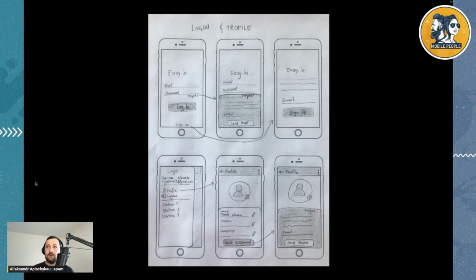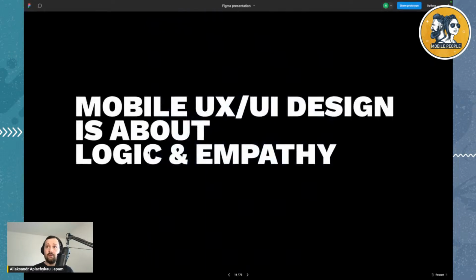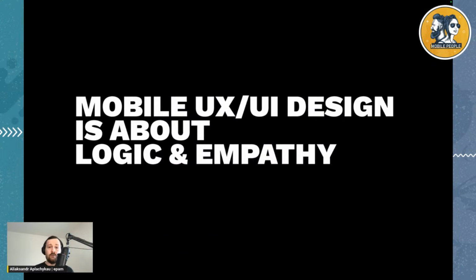So, let me make a conclusion here with the first part of my introduction. Only if you want to play the role of a designer, only a mobile designer, I mean UX/UI designer, you need only logic and empathy.